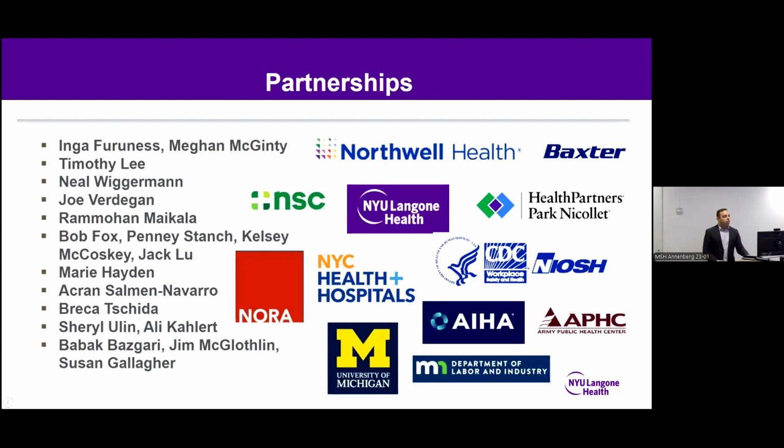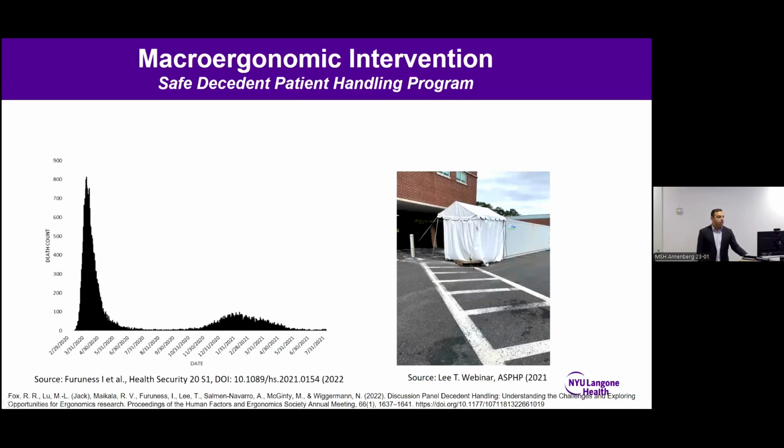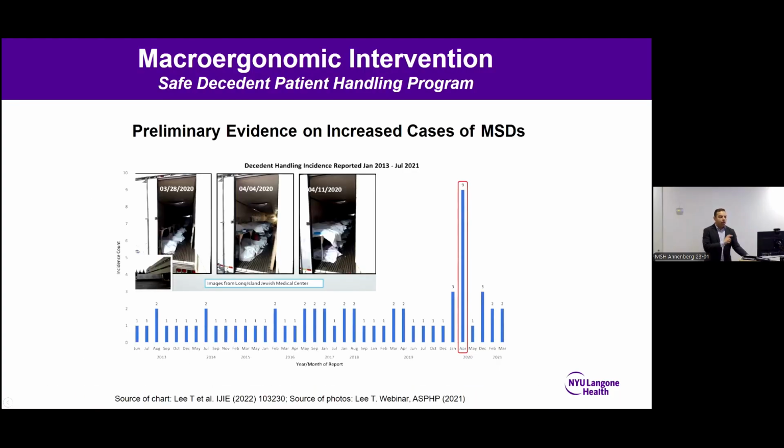It was a partnership from many organizations around the nation, and what we basically did was an organizational macroergonomic intervention to prevent work-related diseases and injuries in mortuary workers who handle manual decedent handling. We knew that the death toll was very important at that time, and it correlated with the musculoskeletal issues.